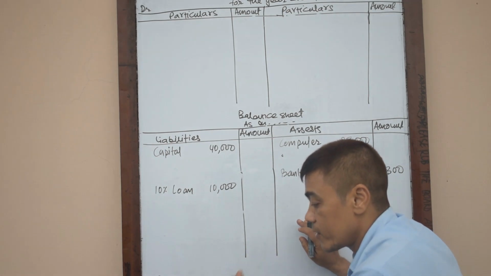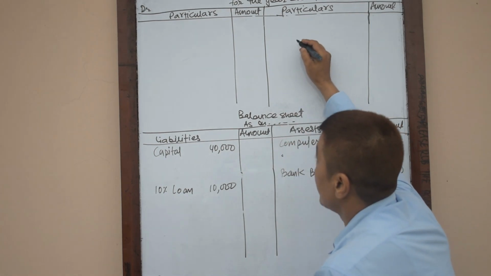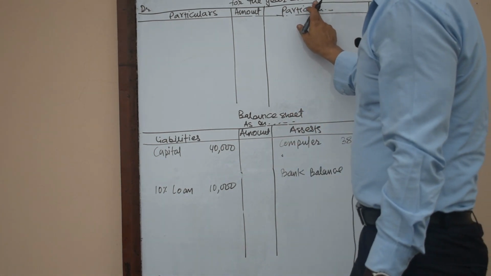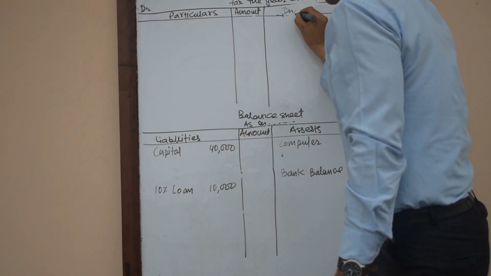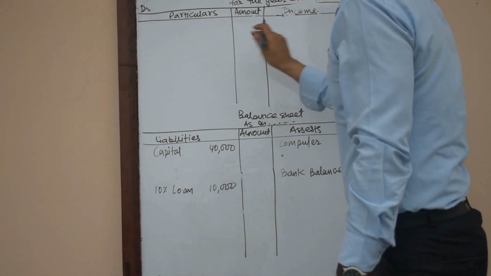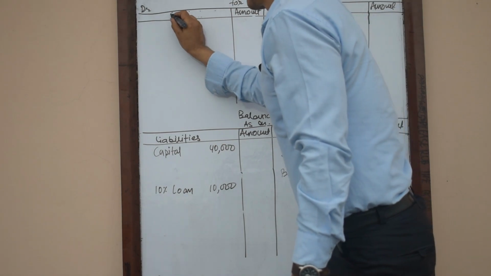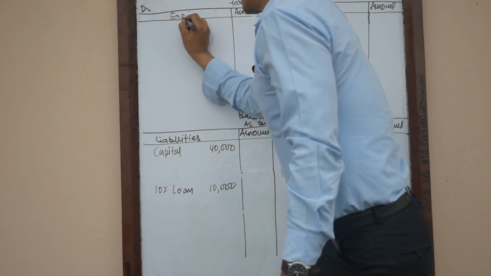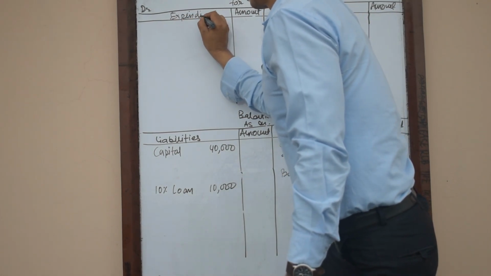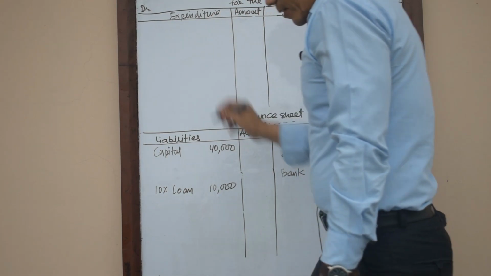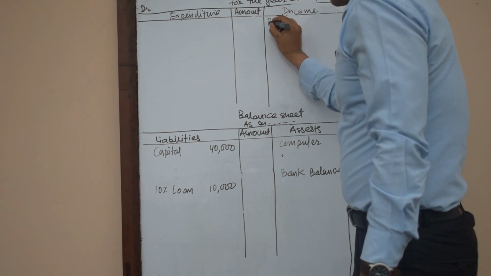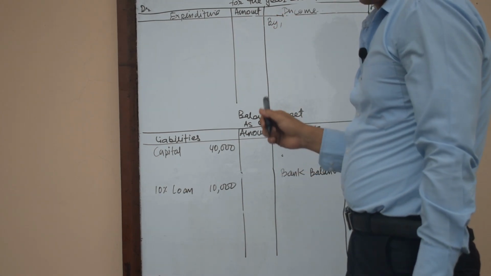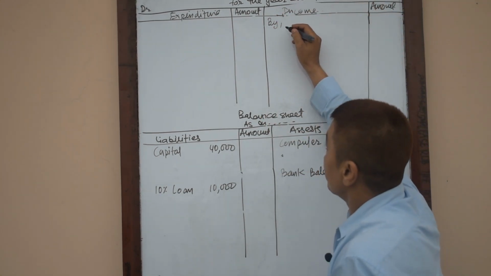And subscription is given, so we will write it. It is mistaken here. Here must be income and here must be expenditure. On the income side, subscription is given, so it is the credit side followed by 'by', that is why we write here 'by'.